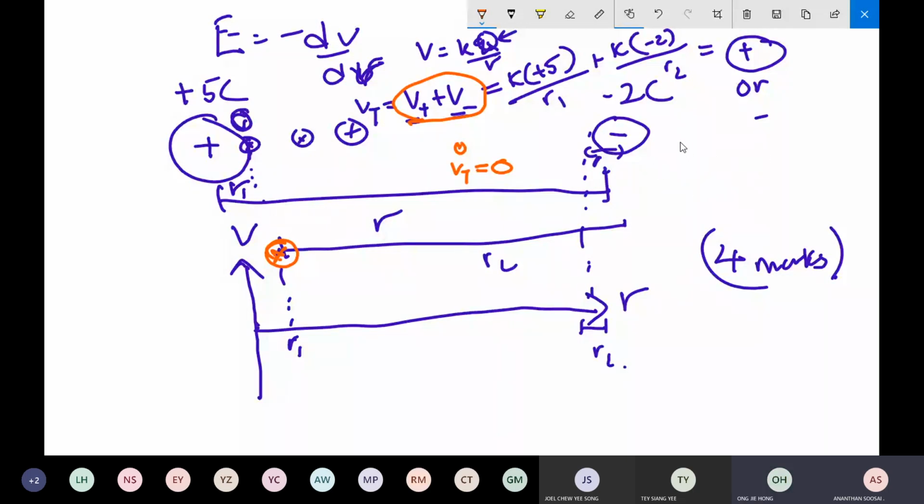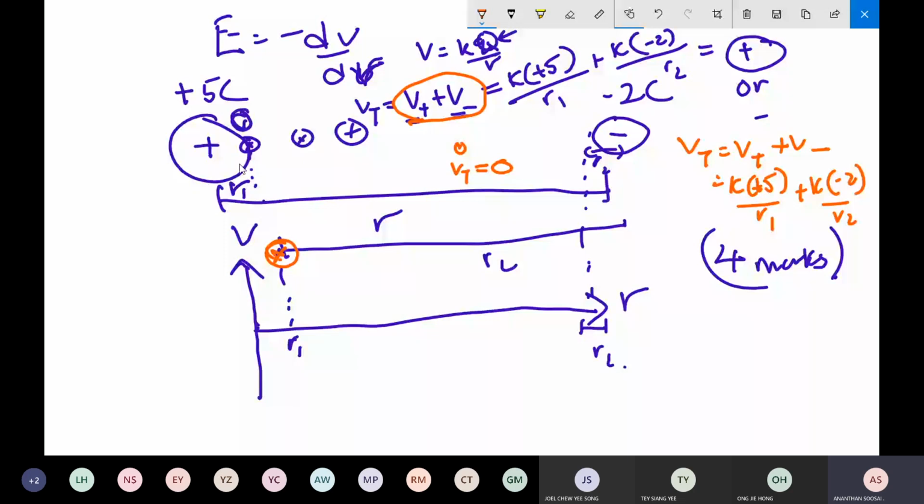I don't think so. Why? You see, V total is V plus plus V minus. V plus is K times positive 5 over R1 plus K times negative 2 over R2. At this moment, at point 1, R1 is very small and R2 is very big, therefore V plus is bigger.